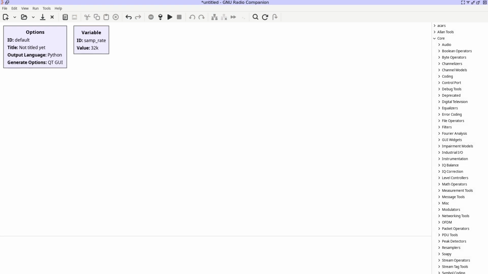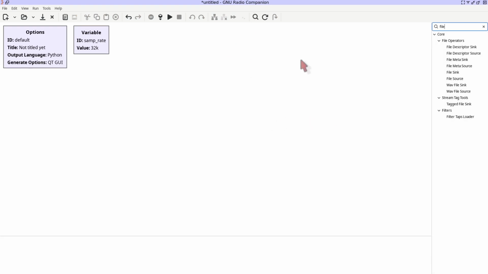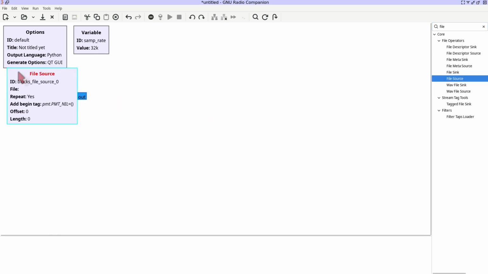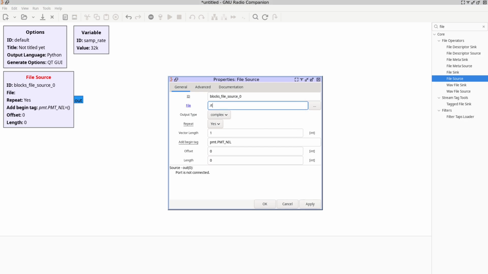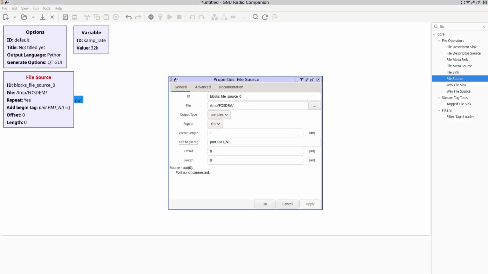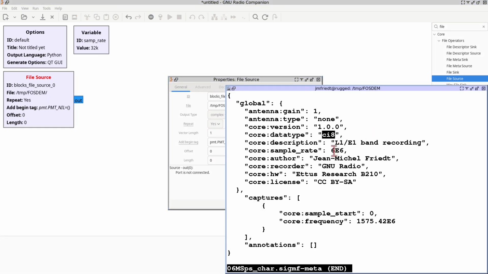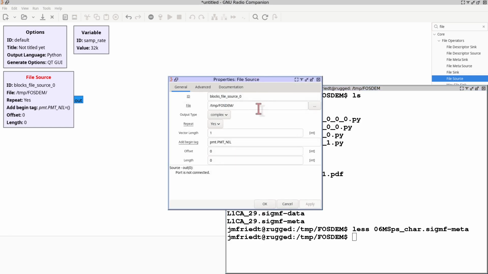So let's have a quick look at GNU Radio how we do this. So we take a file source and we ask GNU Radio to first of all read the file, which is over here. So that's our file that we saved, this guy here, and it's a data file that we need to open.